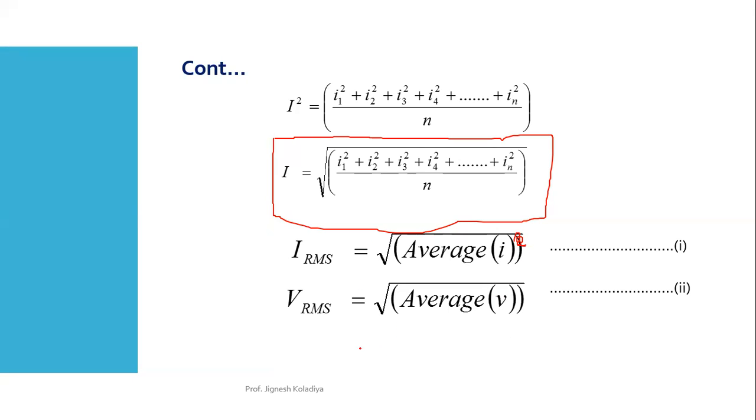Or I can also write like this. RMS is equal to what?